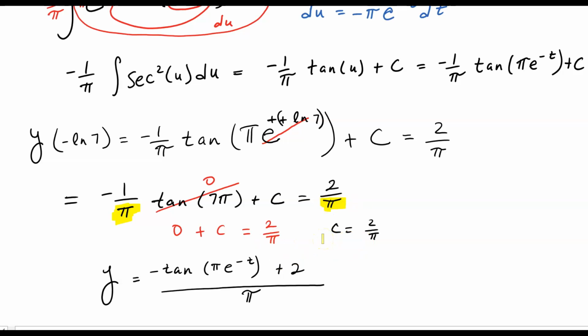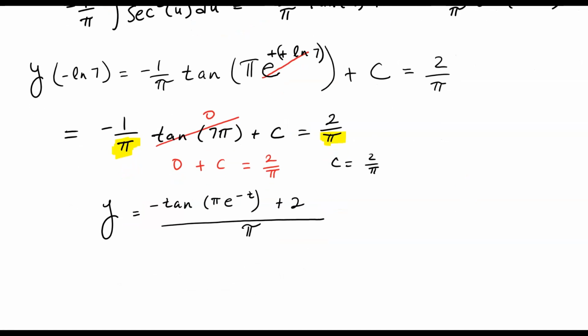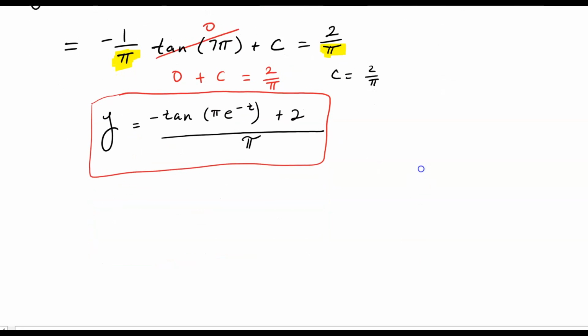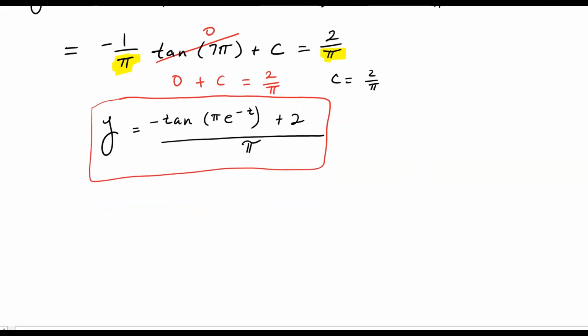You can write it all over pi. It's nothing to worry about here. So if you didn't quite catch that, go back, pause it, figure that out. But this right here is the solution. All right, the equation.